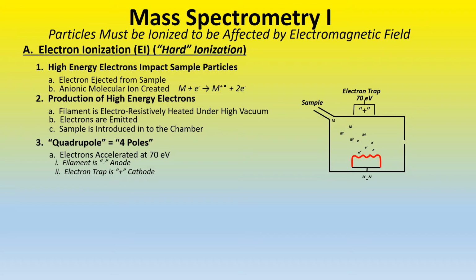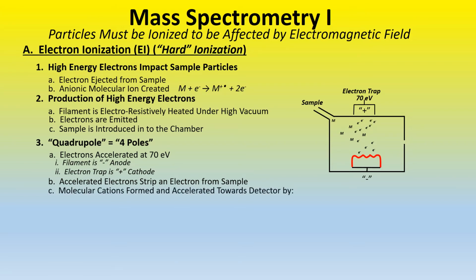The accelerated electrons, as previously explained, will strip additional electrons from the sample due to the force of their collision. Molecular cations are then formed, and these are accelerated to the detector by 2 more poles.